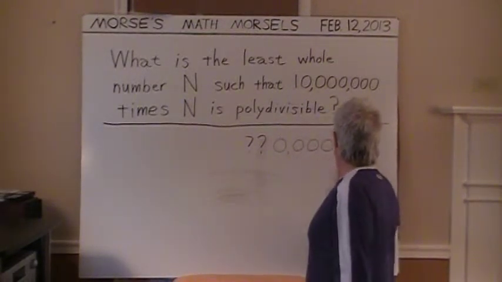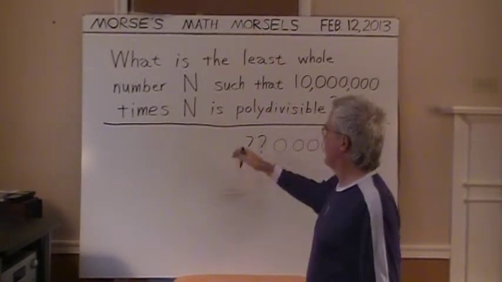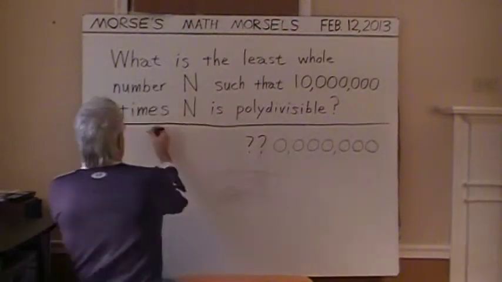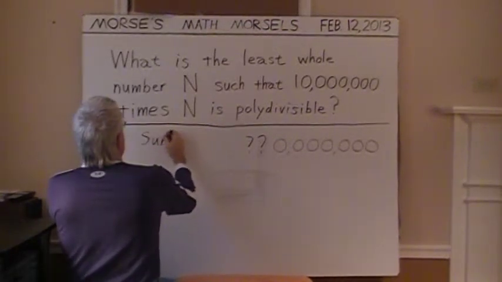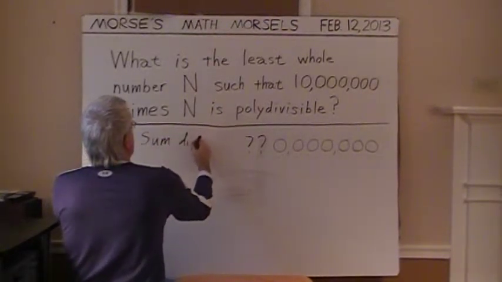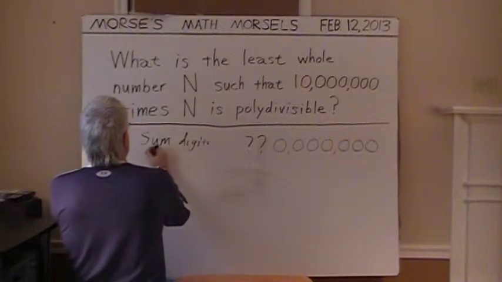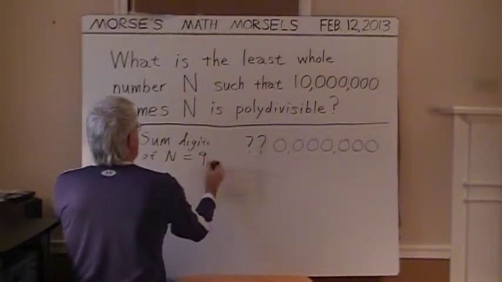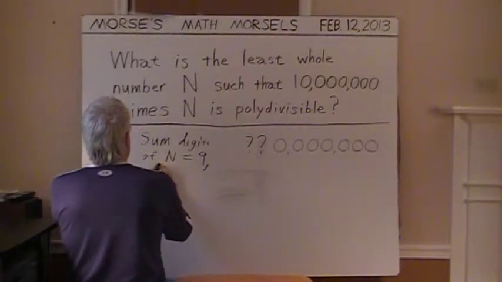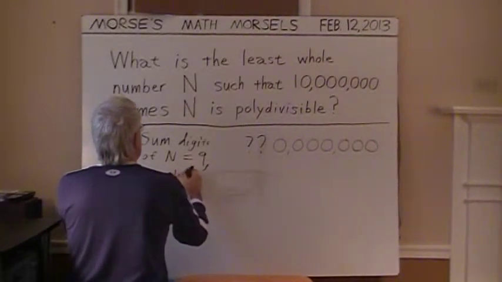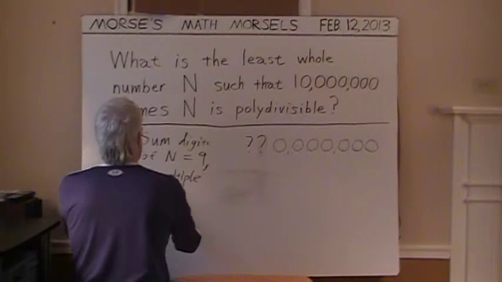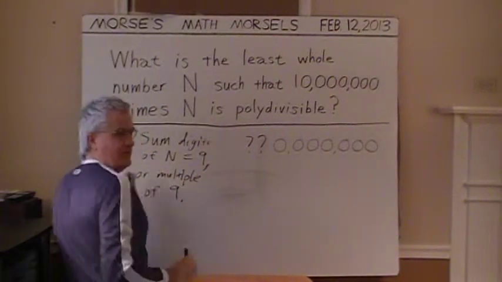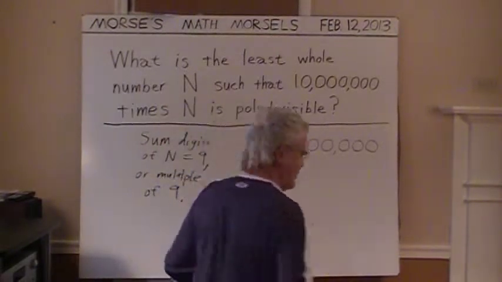So in order to have a multiple of 9, the sum of the digits of n must equal 9, or a multiple of 9, in order to be divisible by 9.